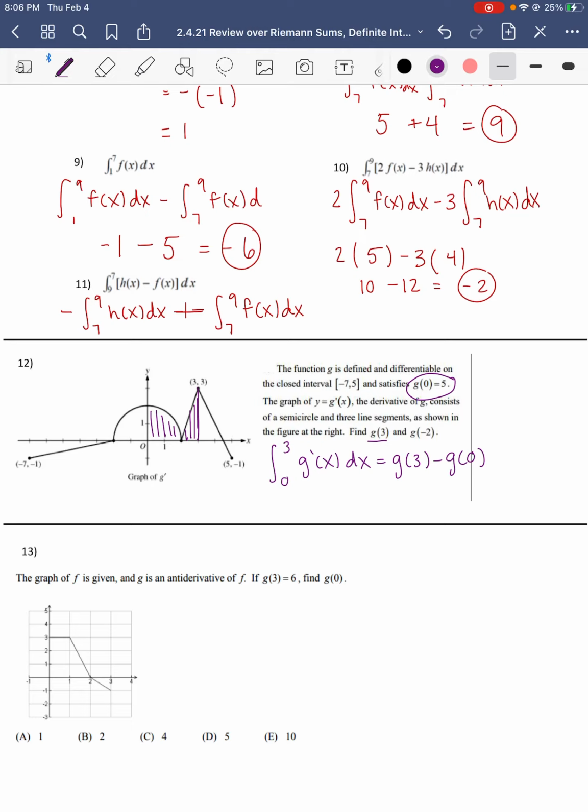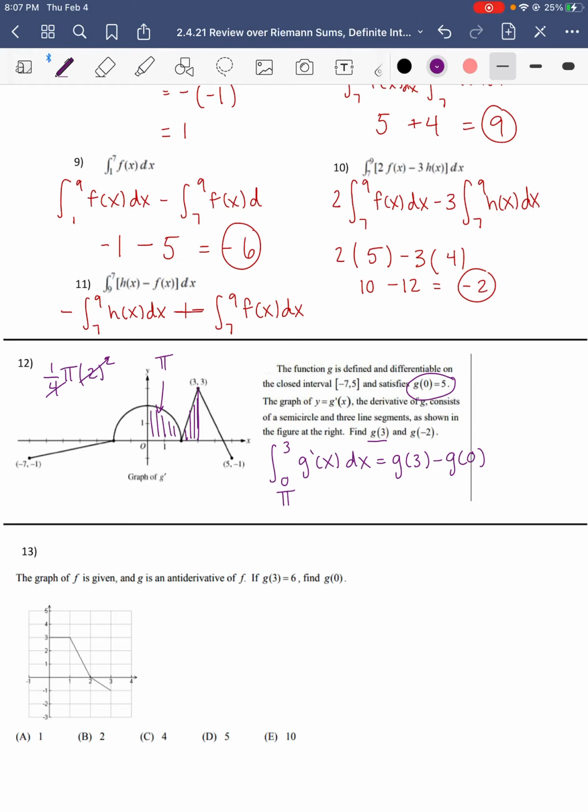The first thing is this quarter circle, so that would be 1/4 pi r squared. And notice our radius here is 2, so 2 squared. 2 squared is 4, so that cancels out with the 1/4. So the area of this would just be pi. And then with the triangle, the base is 1, the height is 3.